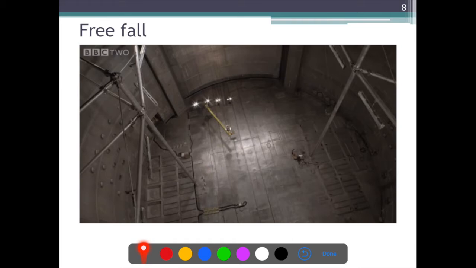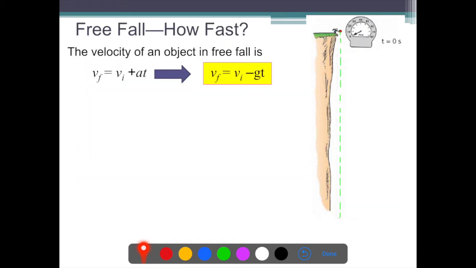So the fact that they had some acceleration, we can measure, means they have some velocity that's changing, and the velocity of the object in free fall we can calculate using this kinematic equation which we learned in the previous videos, except that under free fall, the acceleration is gravitational acceleration, and that's negative g.